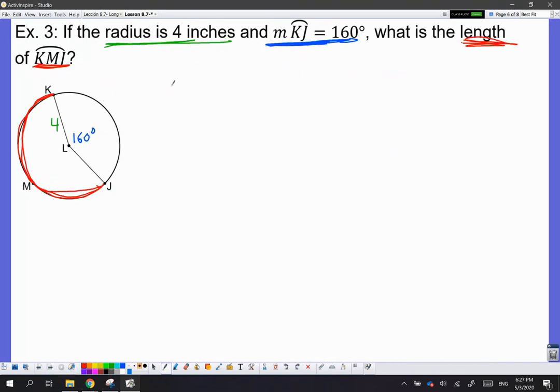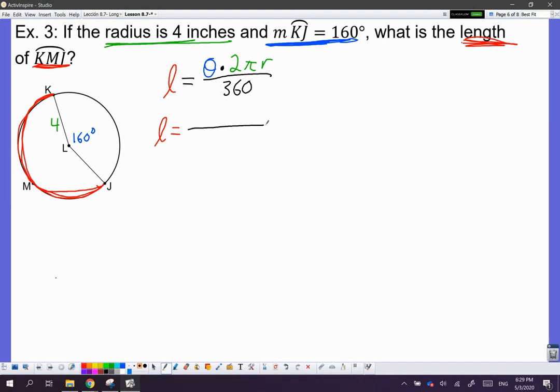So I'm going to start with L equals theta times, since this is length, we're going to have the circumference here. So I need 2 pi r divided by 360 degrees. So we know that we're finding the arc length, but before we can do that, we're going to need the arc measure.